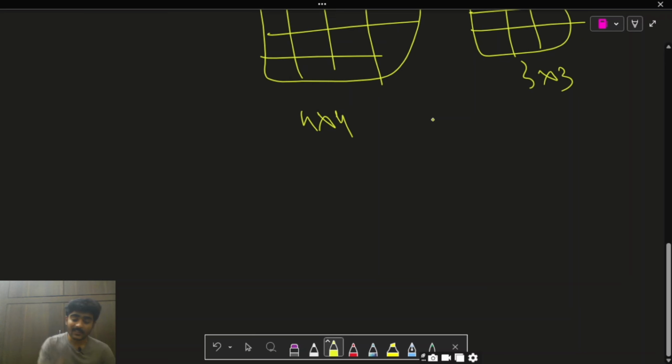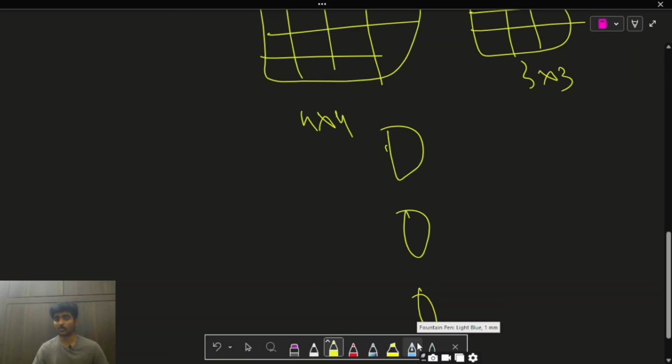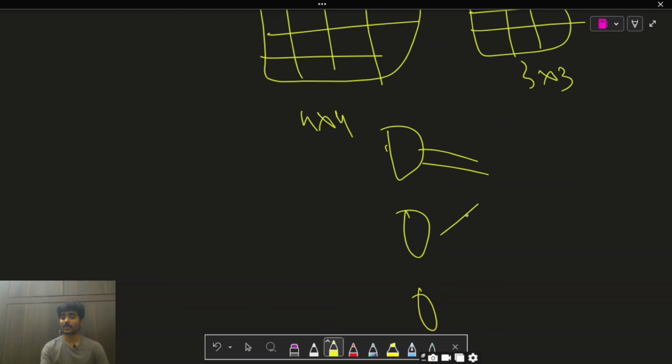Now let us see with respect to grid-like structures. We have already discussed artificial neural networks working on grid-like structures. What they do is they basically flatten the rows. In this case the total number of weights is increasing.